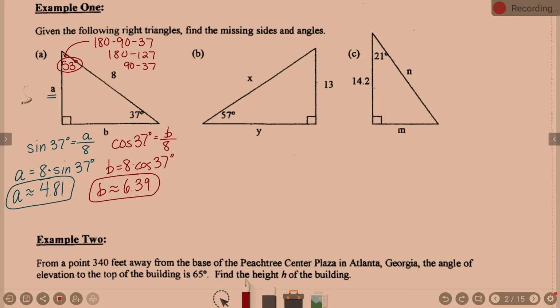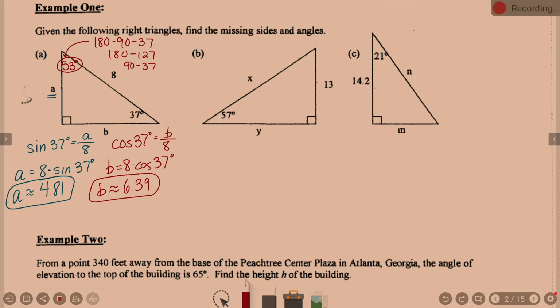Did anyone find B a different way? Yes. How'd you find B? The sine of 53. Why does that work? Because B is also opposite. Now, 53, is that a precise answer? That's an exact answer, isn't it? It's not rounded. So I'm okay with using 53 then. So 53, opposite is B, hypotenuse is 8.